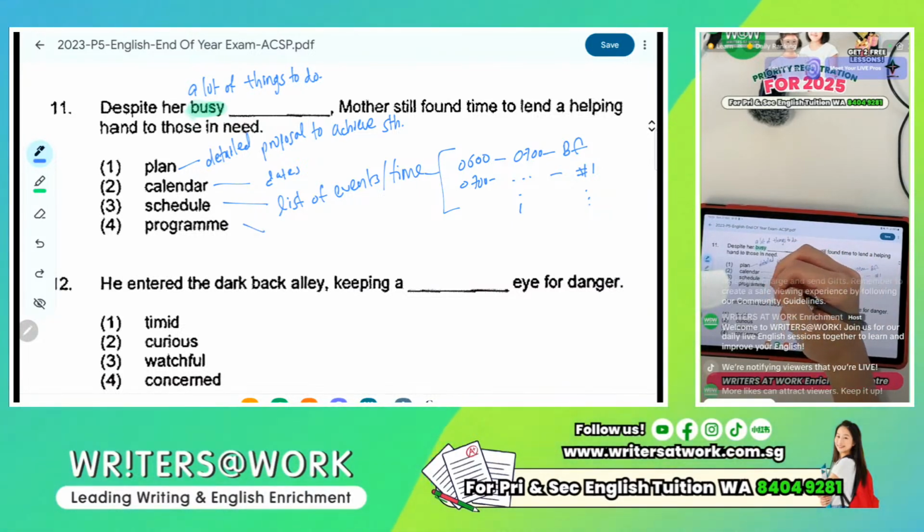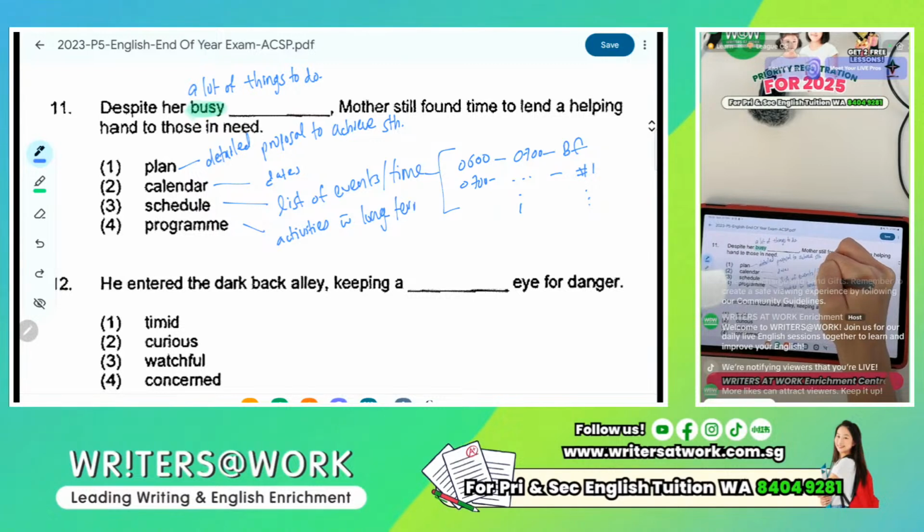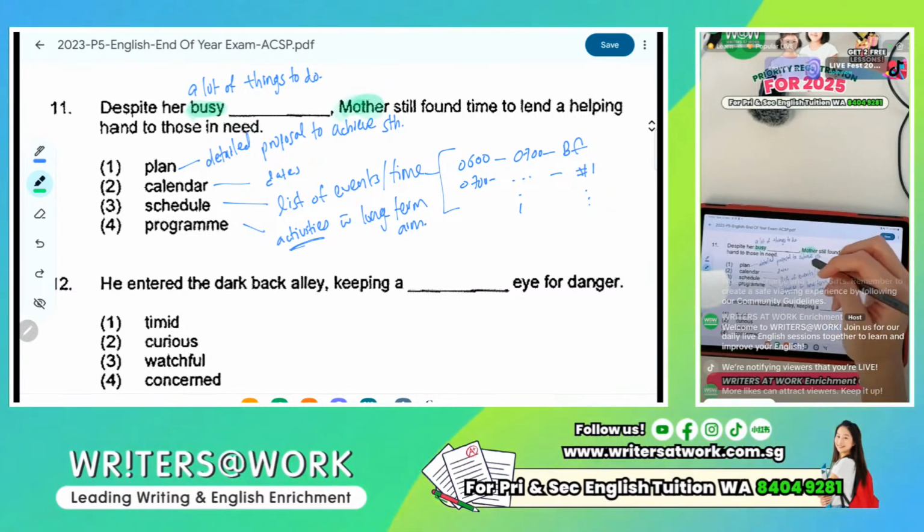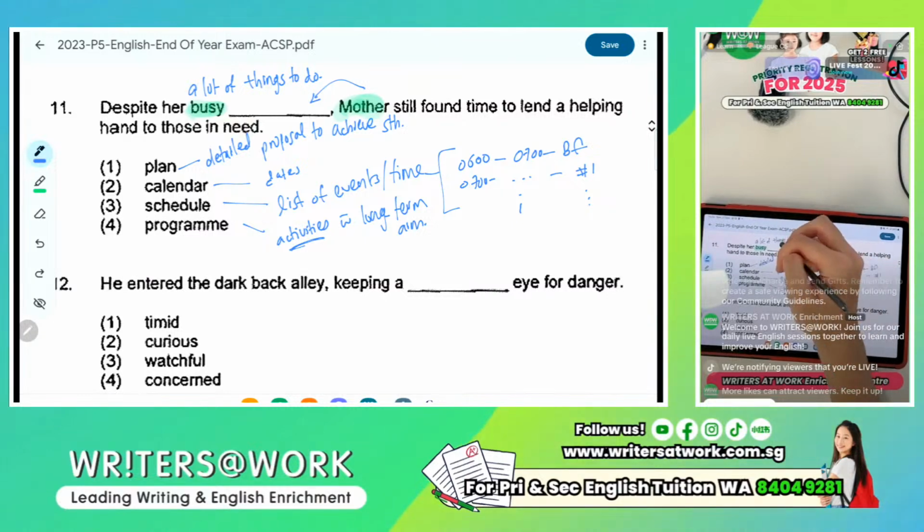Next, program here means that you have activities with long-term aim. So, for example, your PE physical education program is basically an activity or a series of activities that keeps you healthy. Okay? So, in this question here, we are looking at something related to mother and the things that she needs to do.